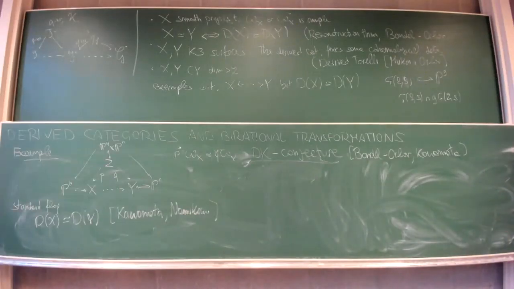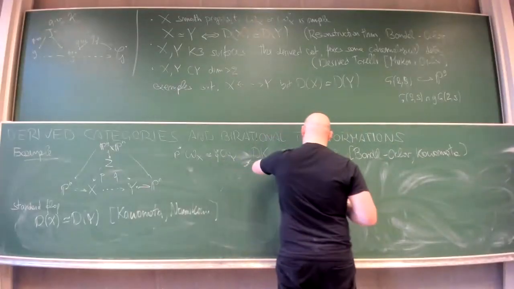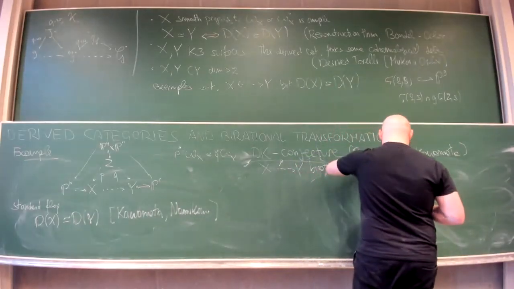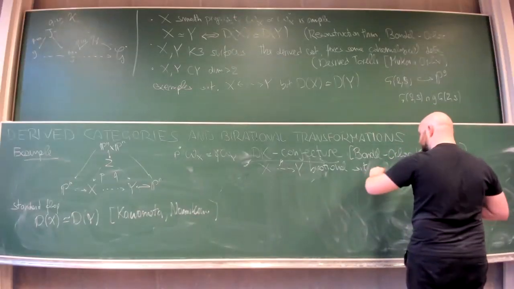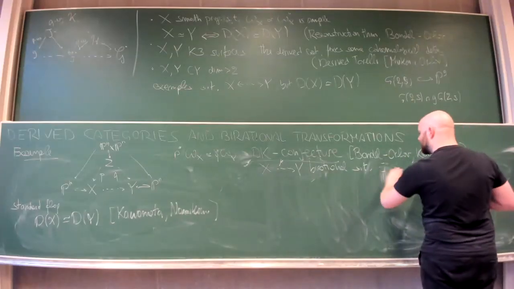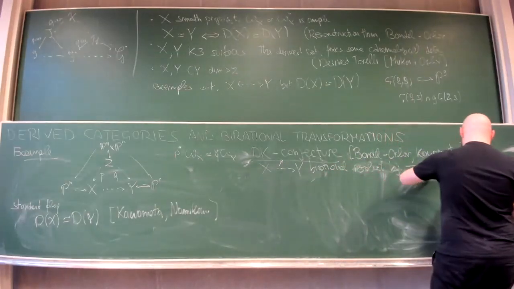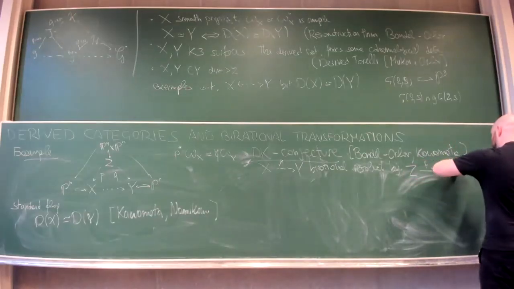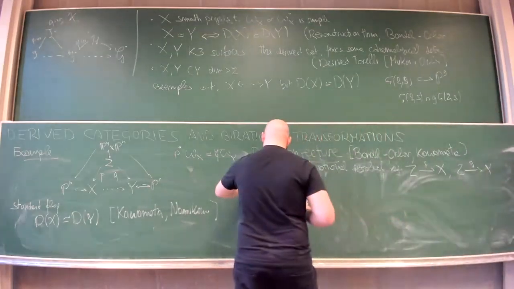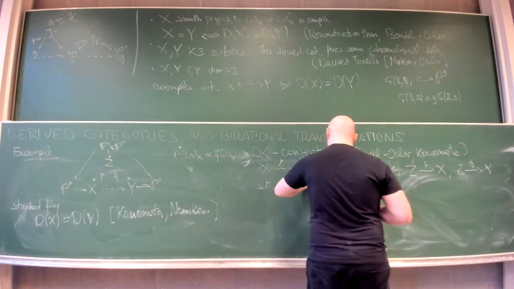Okay. So what did I say? Actually, assume that we have a birational map such that there exists a variety Z with morphisms, or let's say resolved by a morphism from Z to X, let's call it F, and the morphism from Z to Y, let's call it G, such that the pullbacks of the canonical bundle are isomorphic.